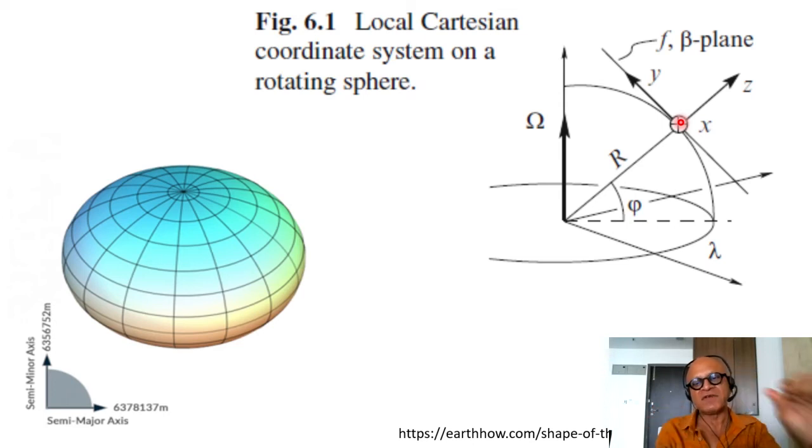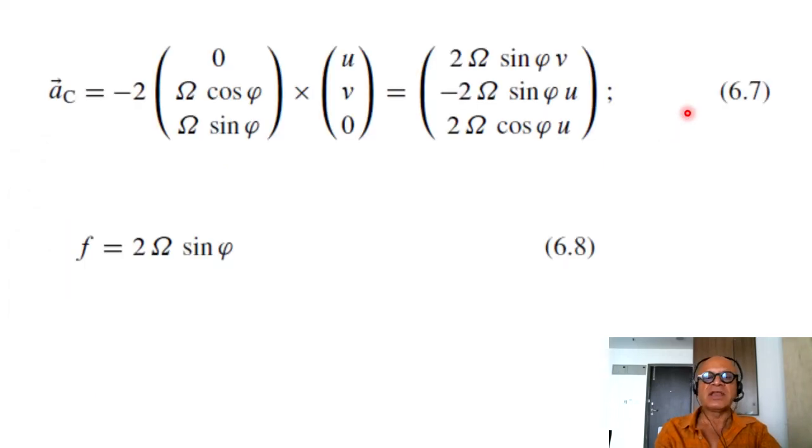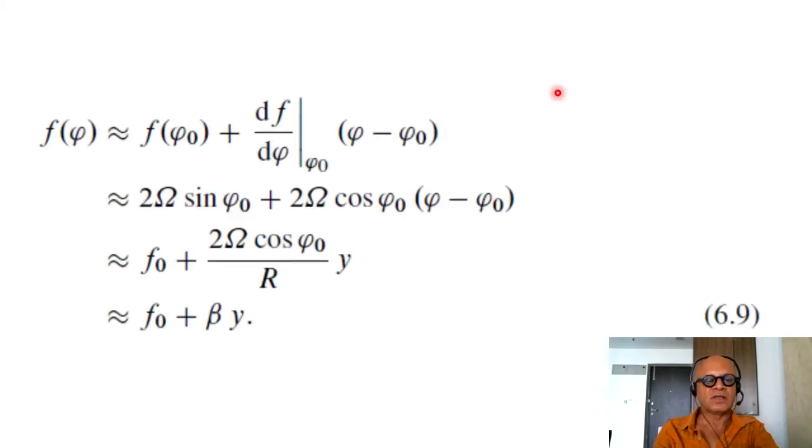Atmosphere and ocean are a very thin shell, order a few kilometers in the ocean and order 10 kilometers in the atmosphere. So we can ignore the vertical component of the Coriolis effect, which gives us Coriolis f is basically 2 omega sine phi, and that gives us deviations in the horizontal because of the rotational effect or the Coriolis effect.